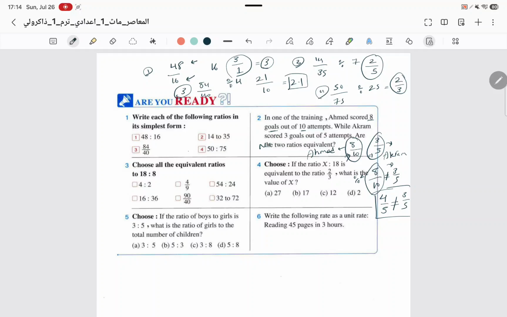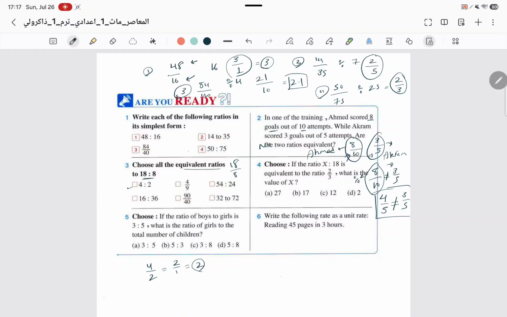Okay, the third question here says, choose all of the equivalent ratios to 18 over 8. Okay, the first one, 4 over 2, is equal to 2 over 1, which is 2.